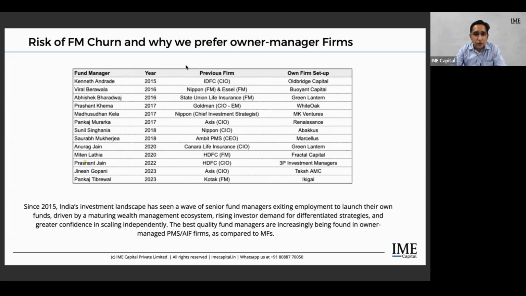You've seen the CIOs of some of the largest firms, be it Nippon, HDFC, Axis, Kotak, multiple of the best quality talent all going to set up their own firms. And this is because ultimately most fund managers would prefer running their own boutique fund where they have much greater control over the investment philosophy and the investment styles. And if you want to be with what we believe to be the better quality talent, that is really where I think the value of a PMS and AIF comes in.